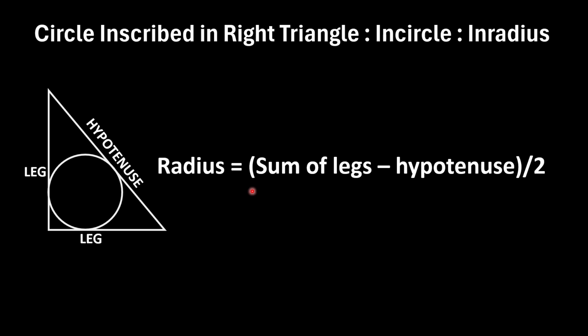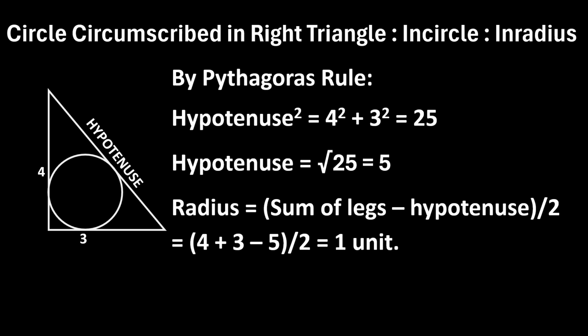Let us see an example. Once we see an example, it will be clear. Suppose we are given this figure. The circle is inside, and one leg is 4 units, the other leg is 3 units. It can be centimeters or meters, whatever it is. We have to find the radius.